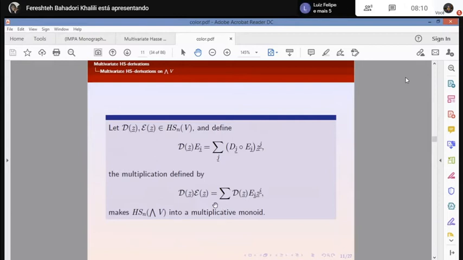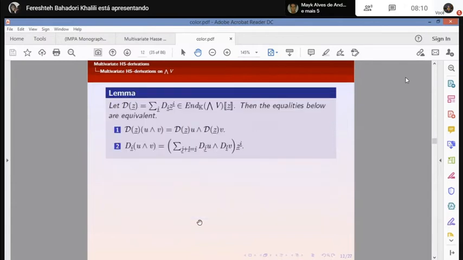This multiplication makes the set a multiplicative monoid. Now we again have a lemma, which gives a similar Leibniz rule for multivariate derivations, in that these two are equivalent as we had before in the univariate case.